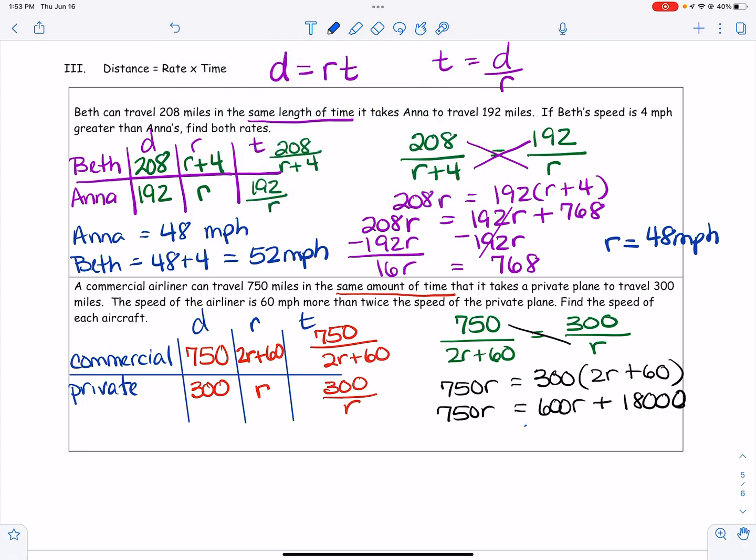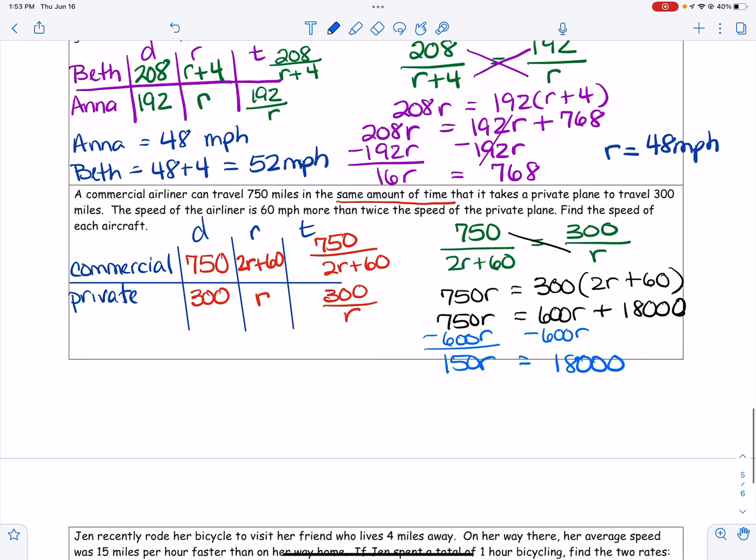Subtract the 600r. So I get 150r is equal to 18,000. And then I'm going to divide by 150.